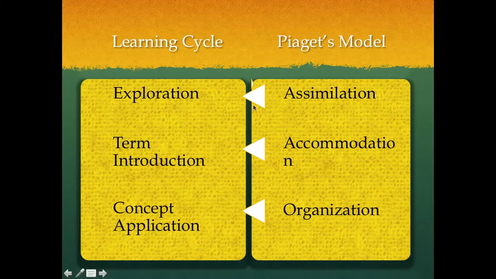Okay, so based on Piaget's model, the learning cycle was developed, and they changed the step names to exploration, term introduction, and concept application. So when you have these steps, then your students are going to have learning in a very natural way.